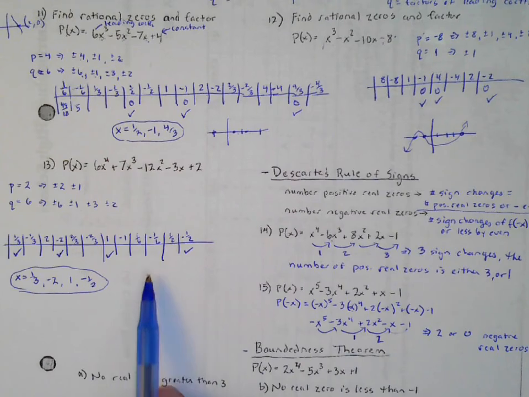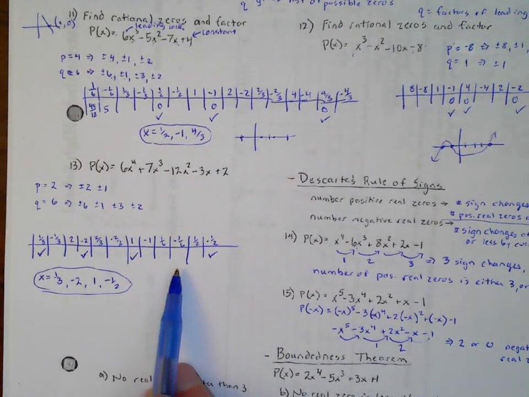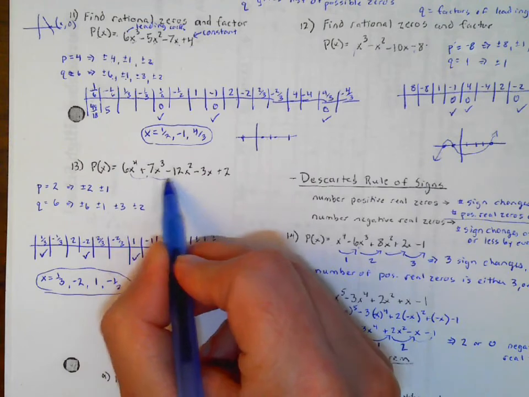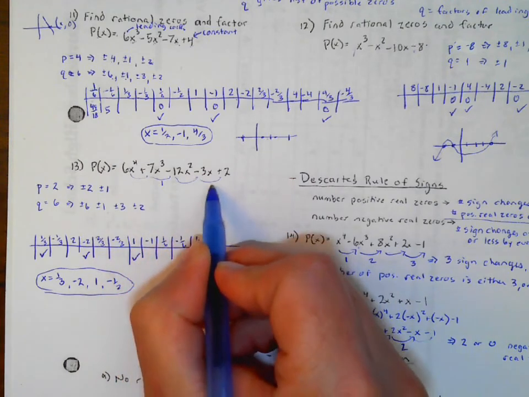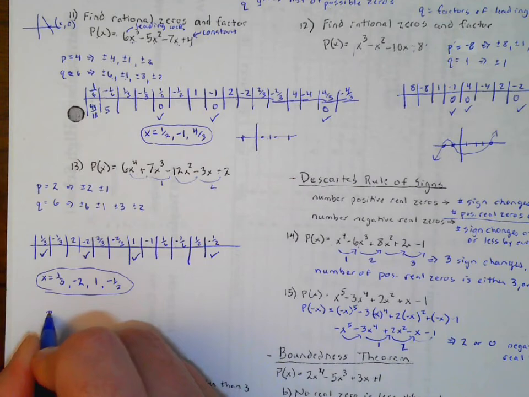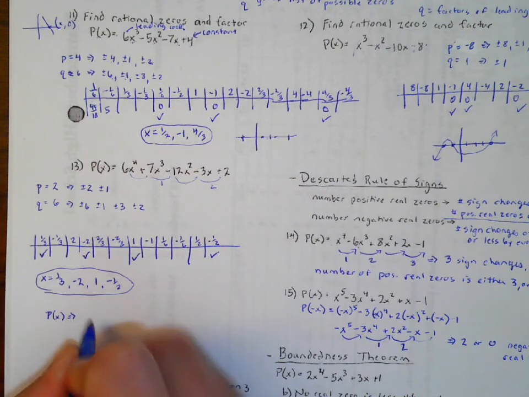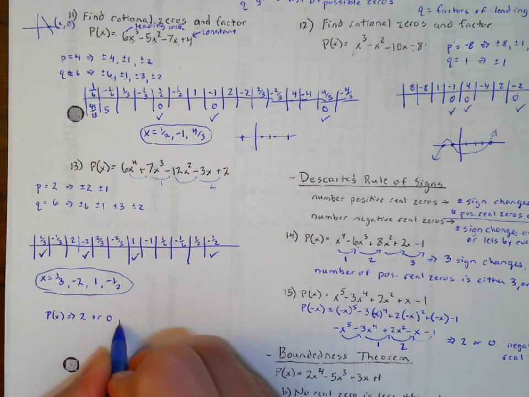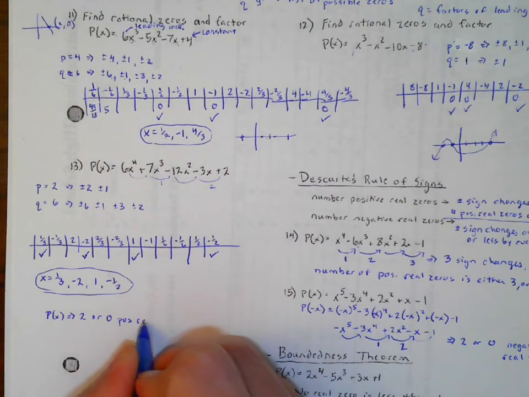So if we wanted to use that to narrow this down, if we look at this, there are no sign changes, one sign change, two sign changes, right, for the evens. Okay, so for p of x, there are 2 sign changes, so it'd be either 2 or 0 positive real zeros.